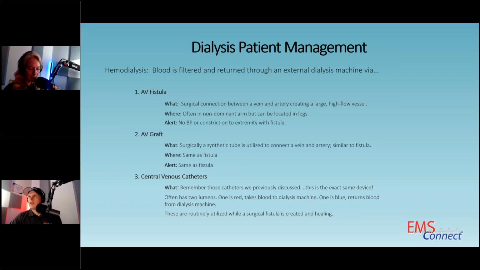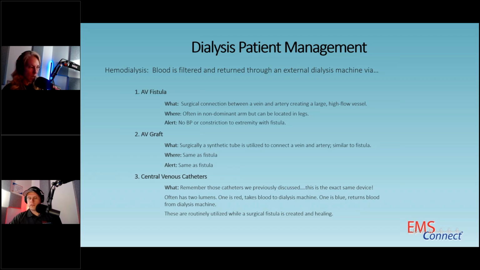I think it's because it takes a lot to get the patient set up for dialysis. It takes a lot to get a fistula going. That's often why, with anything regarding dialysis access, EMS providers can only access it during arrest or peri-arrest. I mean, they want the patient basically to be dying before we can even access the dialysis catheters.